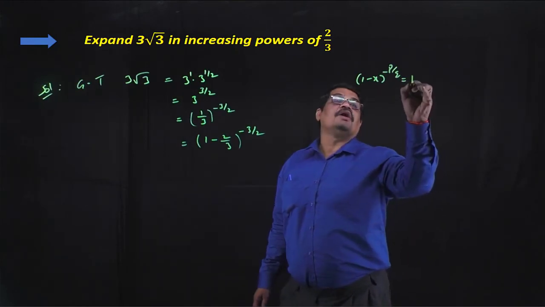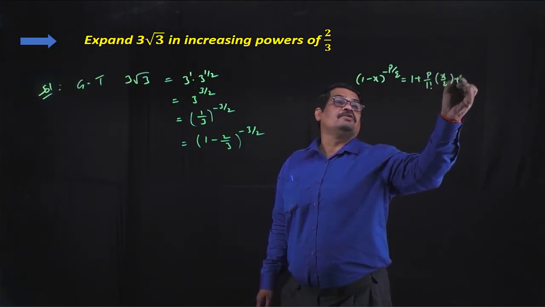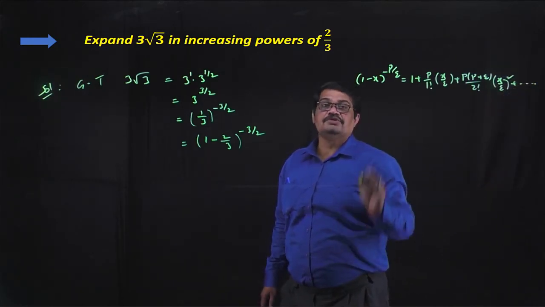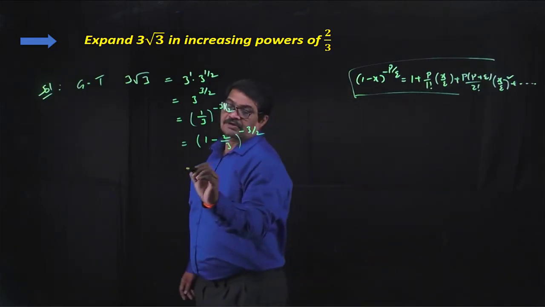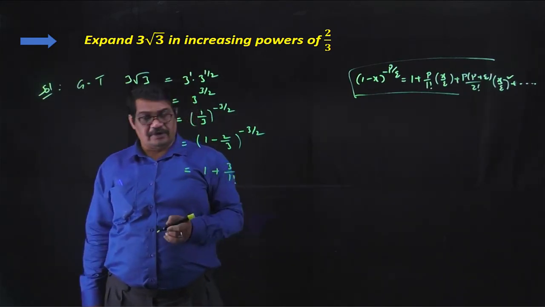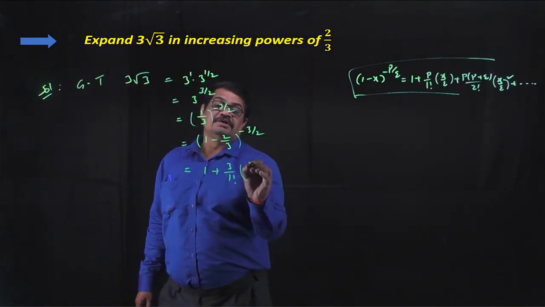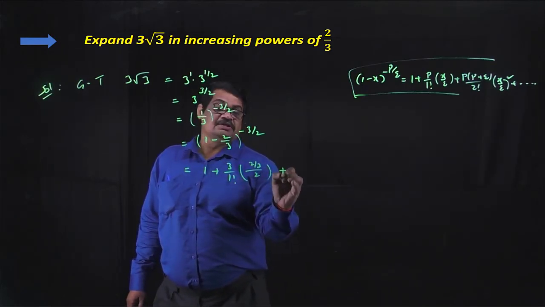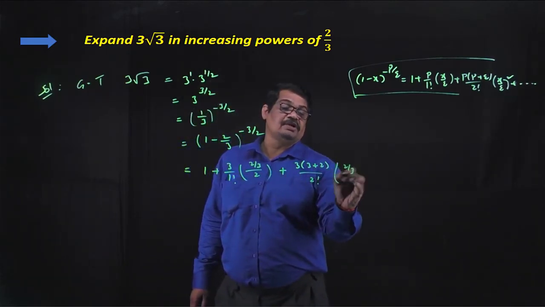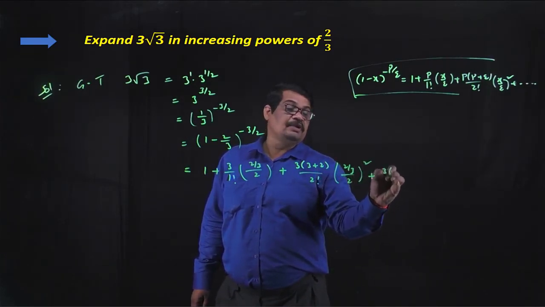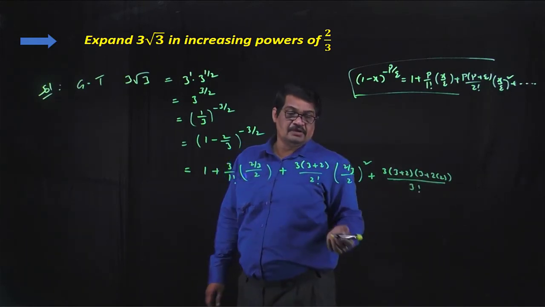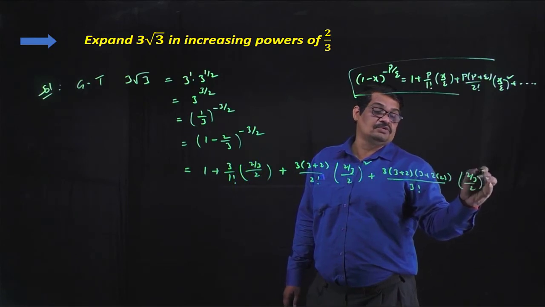What is the expansion here? 1 plus p by 1 factorial into x by q, plus p into (p plus q) by 2 factorial into (x by q) whole square, and so on. Using this formula, we are writing the expansion. Here p is 3, so 3 by 1 factorial into x by q, where x is 2 by 3 and q is 2, plus p into (p plus q) by 2 factorial into (x by q) whole square, plus p into (p plus q) into (p plus 2q) by 3 factorial into (x by q) whole cube, where x by q is (2 by 3 by 2), and so on.